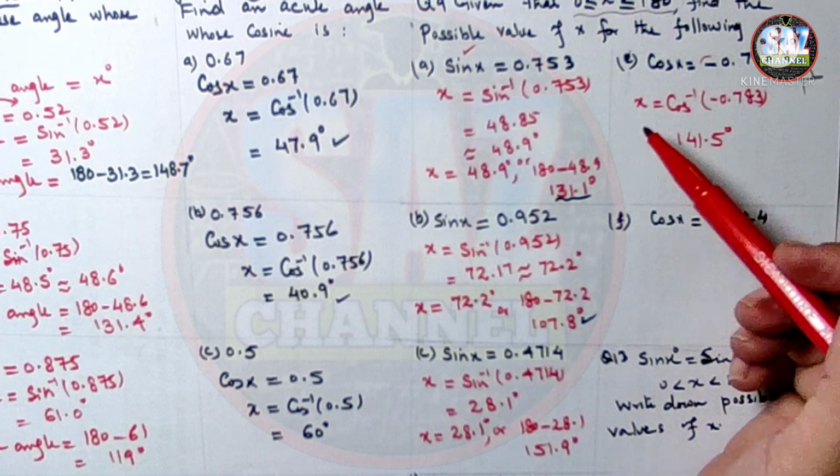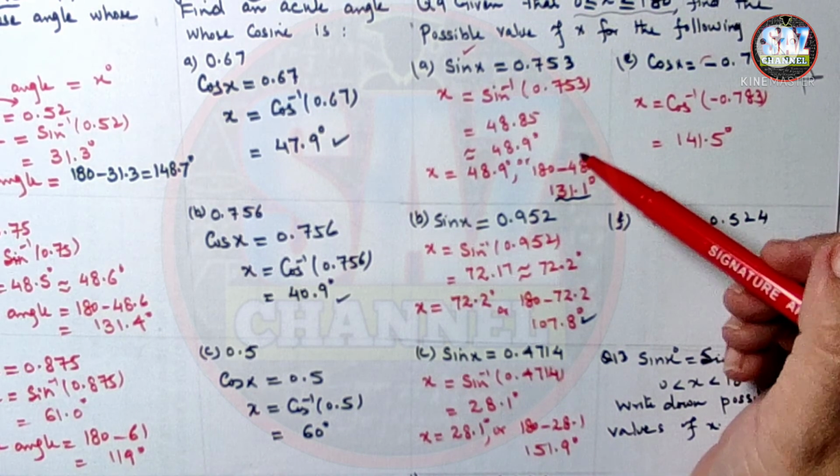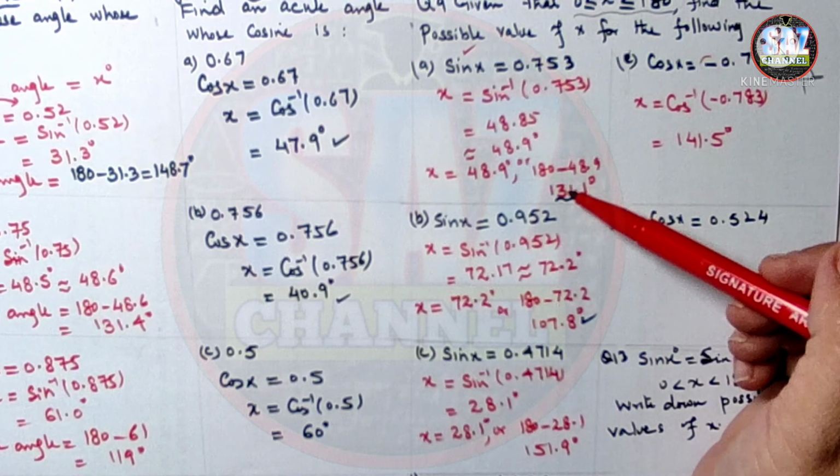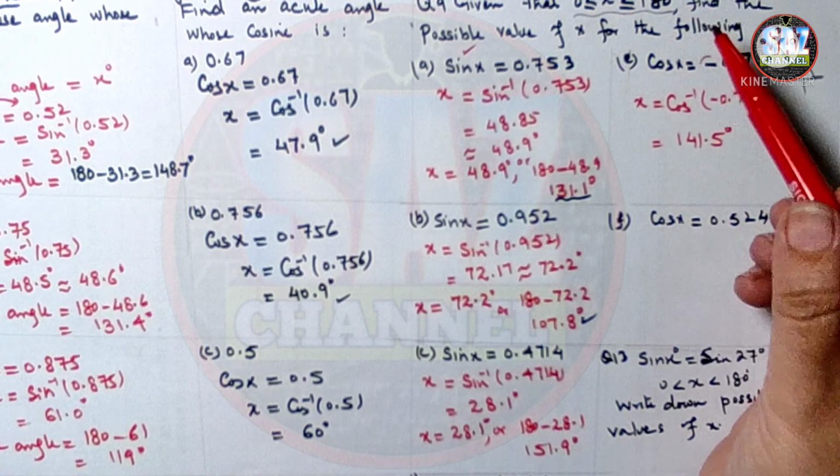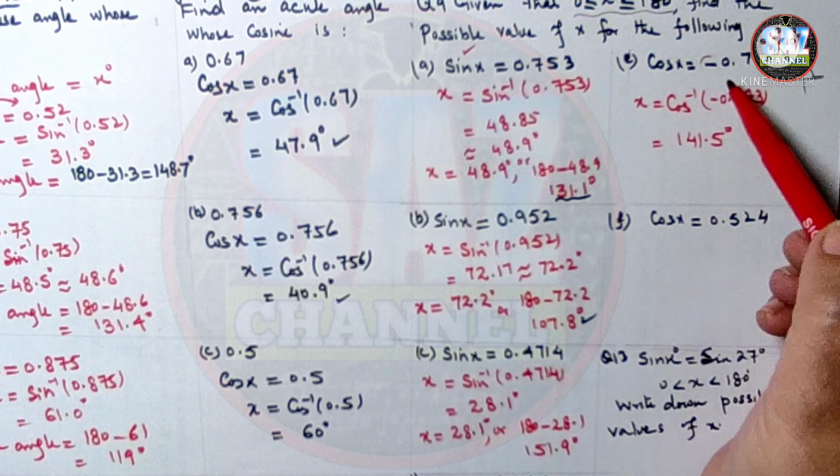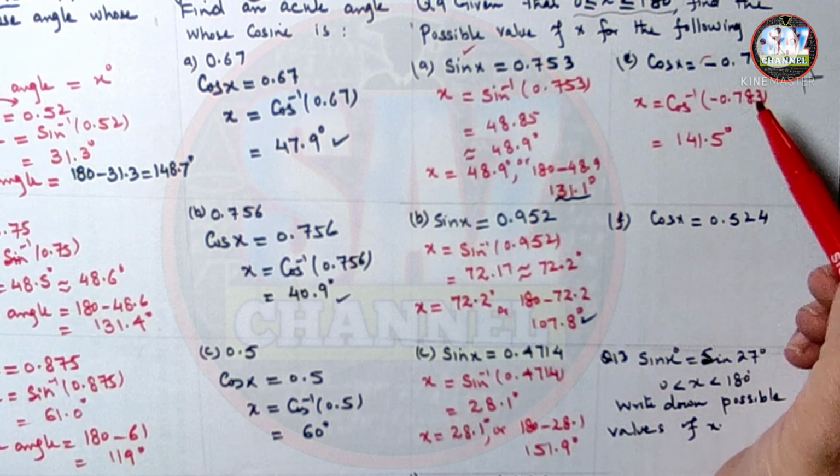You can see, children, that the trigonometric ratio sine has two values, one acute and one obtuse, in the range 0 to 180 degrees, but the trigonometric ratio cosine has only one value in this range.